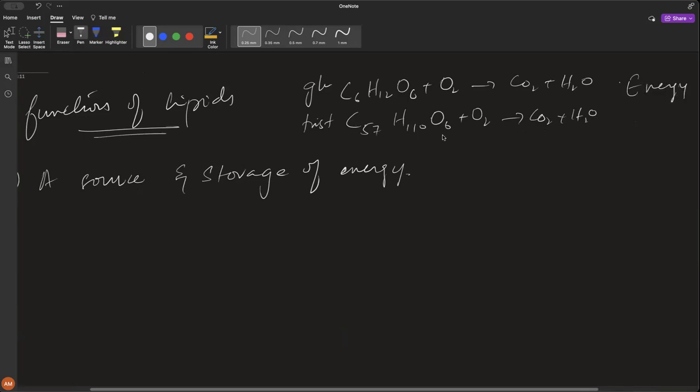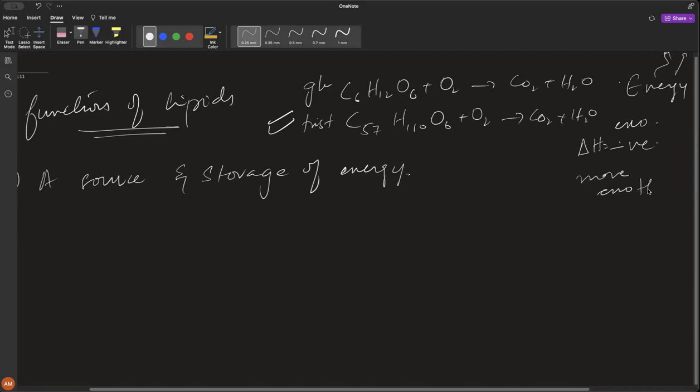Both of them are exothermic reactions, they are going to have a negative delta H value. Both of them are going to give a tremendous amount of energy, but lipid is more exothermic, which means that it gives more energy.